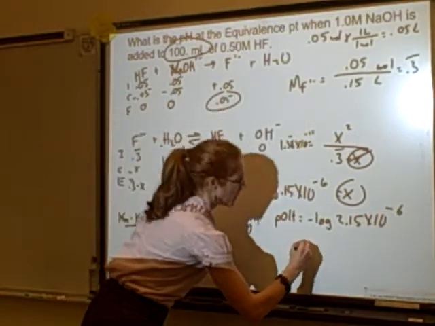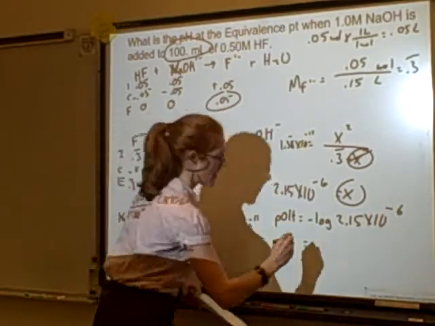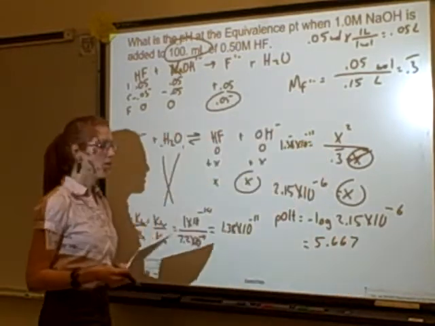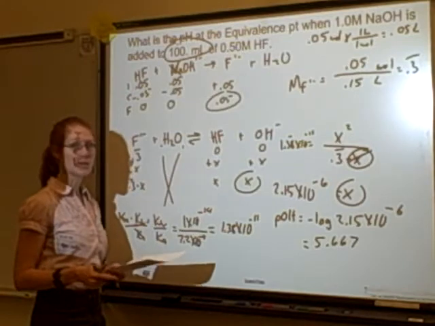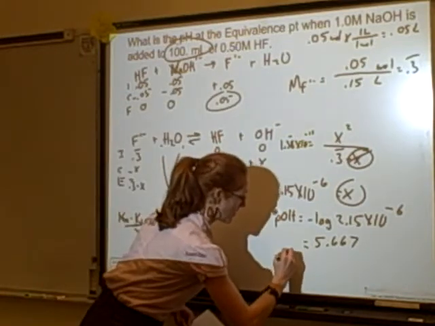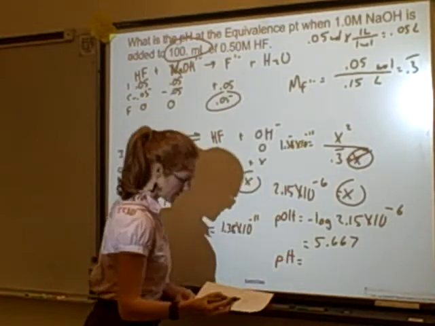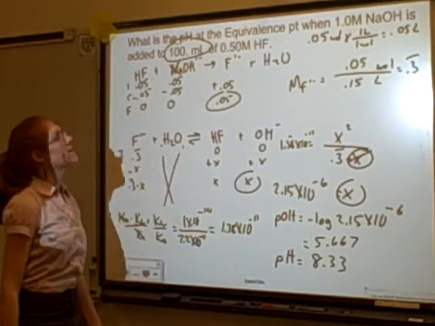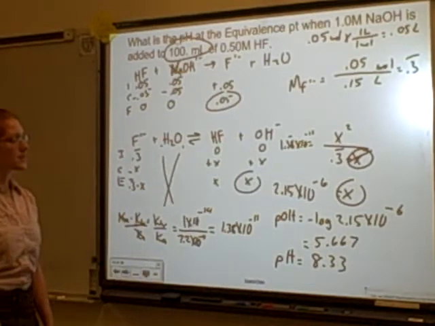Great. pOH ends up being 5.667, and we know pH plus pOH always equals 14, so 14 minus that tells me that pH equals 8.33, and that is 2 sig figs, and that's good.